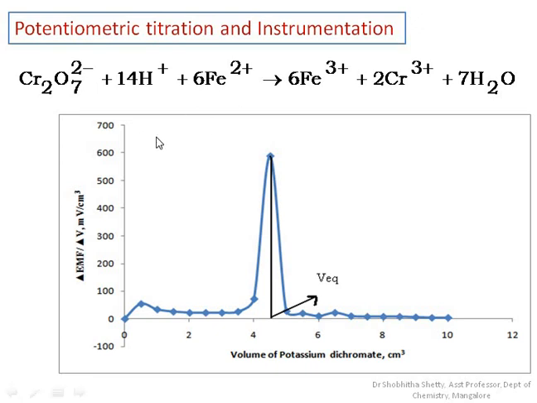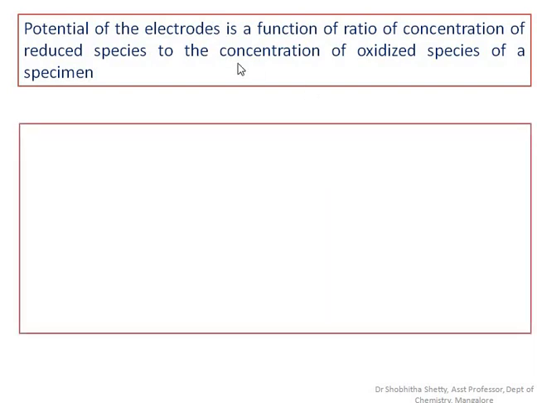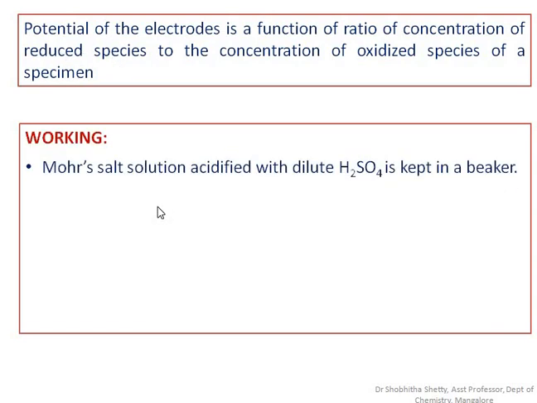So this is the principle behind Mohr salt potassium dichromate titration, and how the potential is developed and calculated using the Nernst equation concept. Here the potential depends on the concentration of oxidized and reduced species. As for the procedure, first Mohr salt solution is taken in the burette and 1 test tube of sulfuric acid is added.